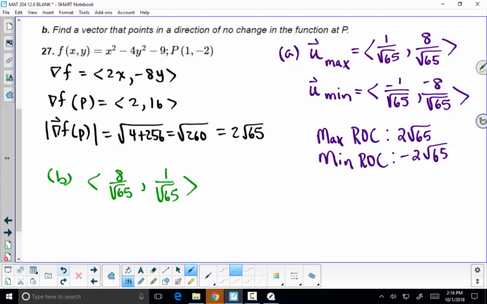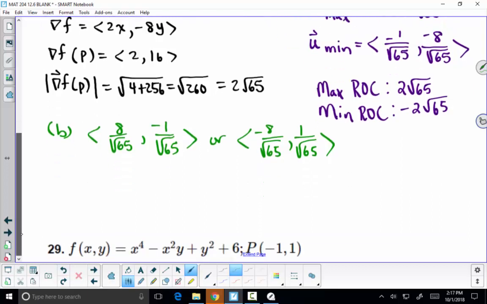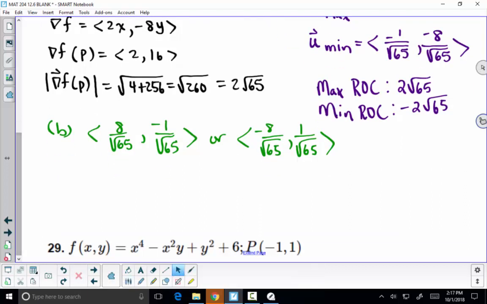Change one sign, it doesn't matter which one. There are going to be 2 unit vectors we could choose from. It just says find a vector, so one of these 2 would work. That's no change, so those are going to be along the level curves. Those will be tangent vectors to the level curves.